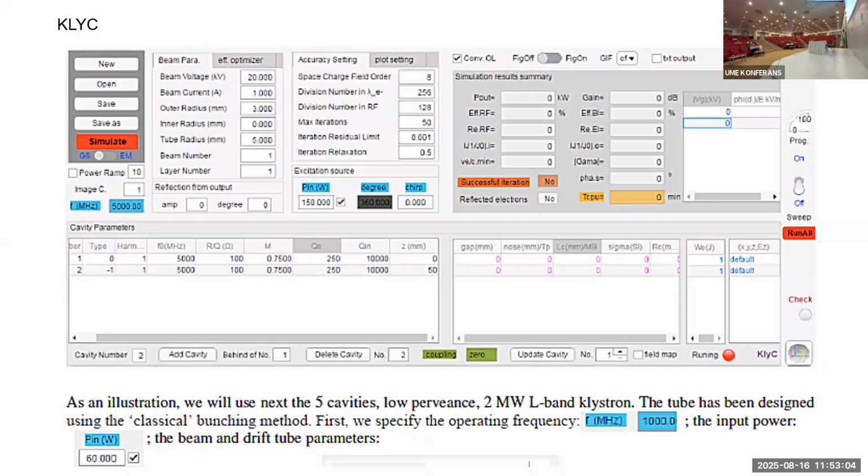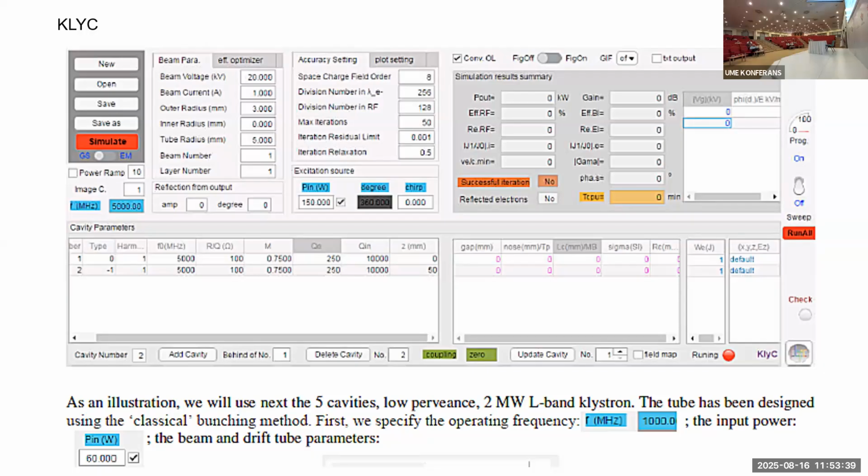This is the output section, simulation result. But go back to the same place again. Will efficiency optimize? Next slide maybe. And the accuracy setting depends on you again. Source change, field order 8 is very, very good.